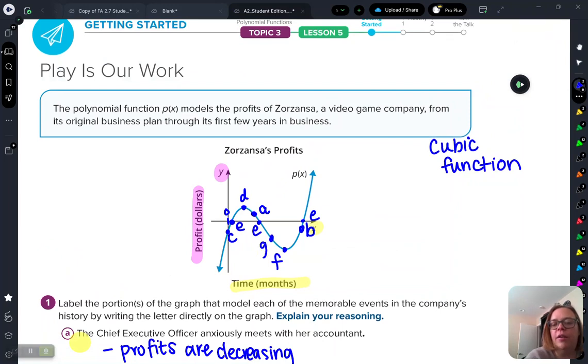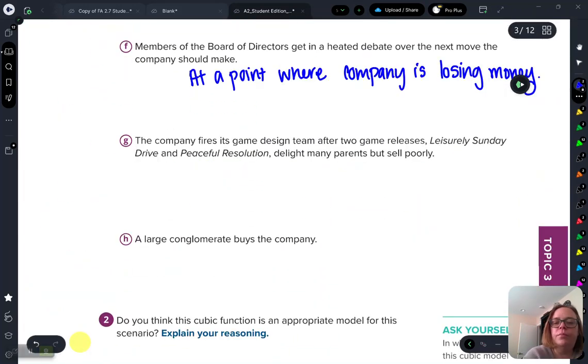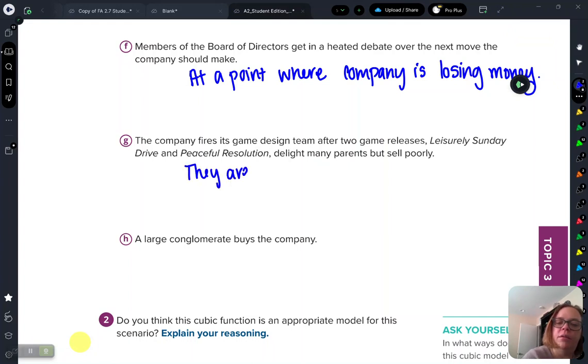All right, we'll put that as G. All right, it's not going well. They're losing money. Okay, so they are losing money at this point.